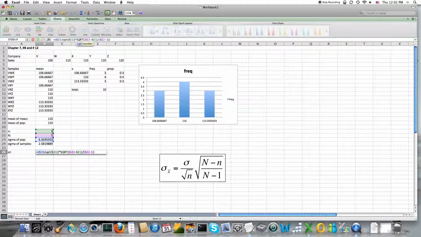That finishes that off, and that's the one in the square root. Phew, 2.5819889.